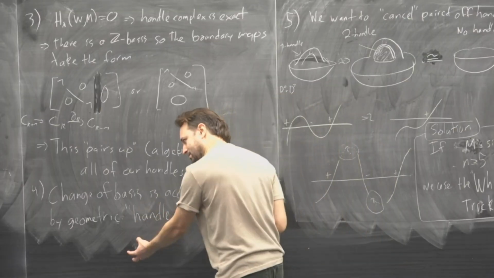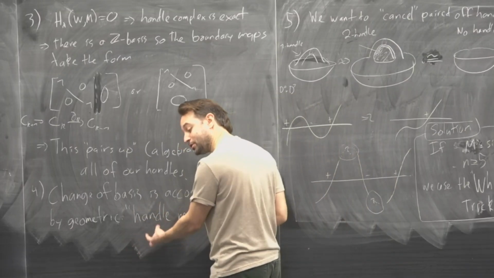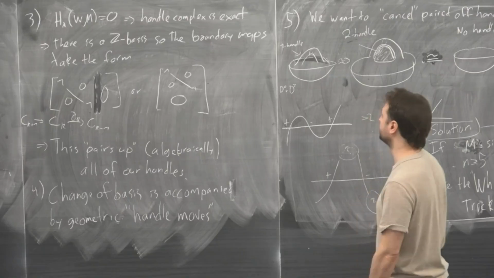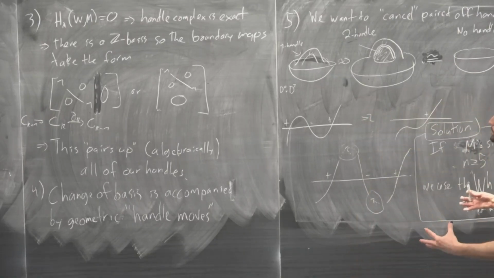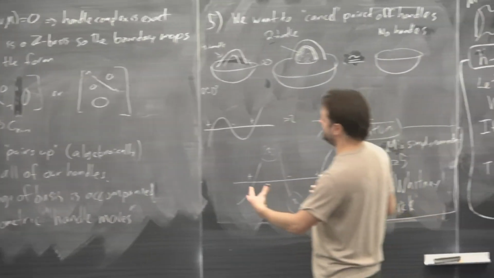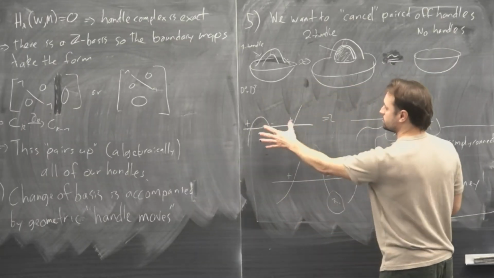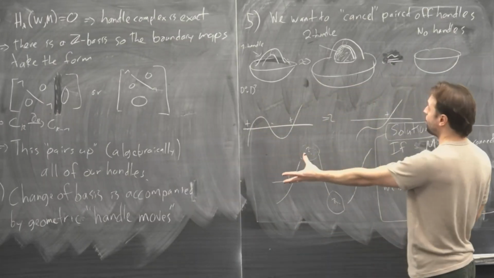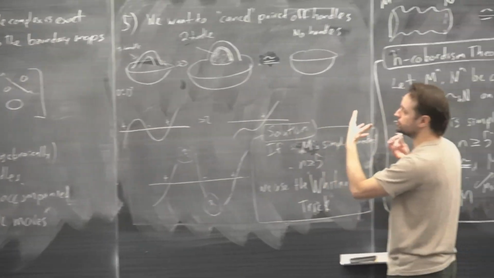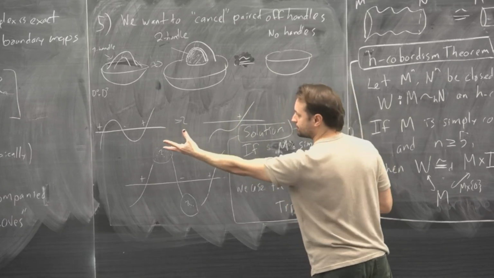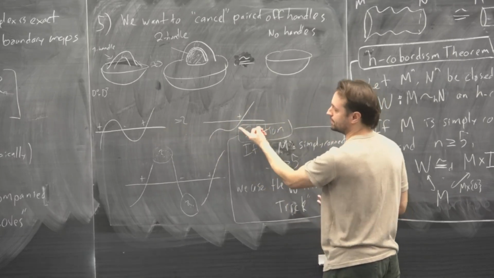This change of basis is actually implemented geometrically by making small alterations in our handle complex. And these alterations give us what's called an algebraic intersection number of 1. So these two lines have algebraic intersection 1, and the challenge for the rest of the proof is to make this algebraic intersection equal to the geometric one.